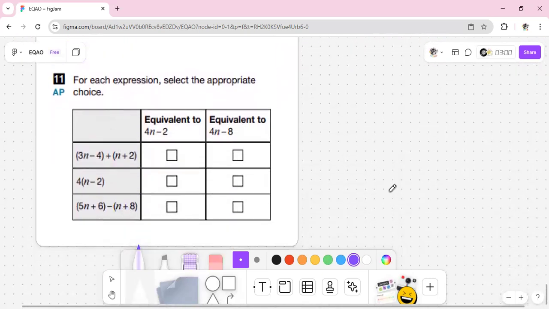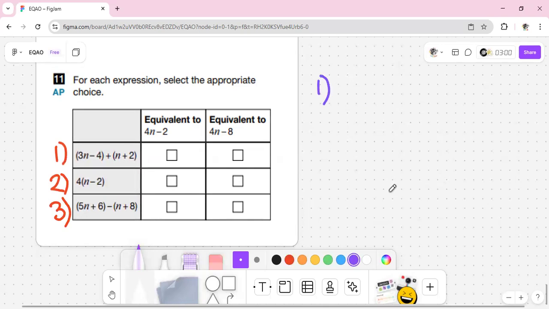Okay, last question for part 1. We have to select the appropriate answer. So that means a little bit of distributive property, a little bit of just combining like terms. So I'm going to label this 1, 2, and 3, and let's work it out together.